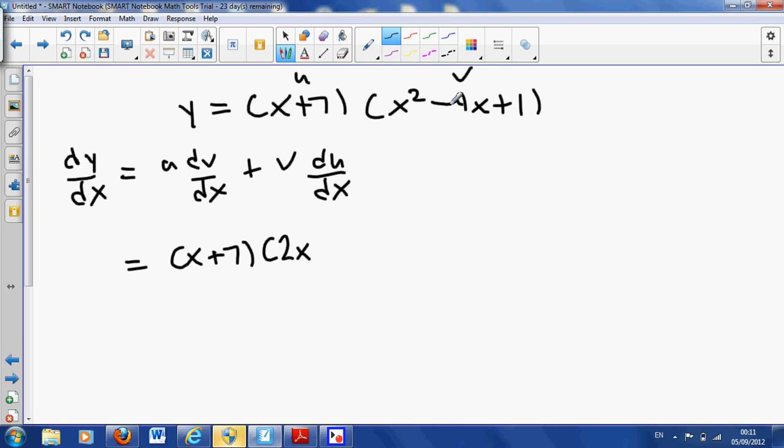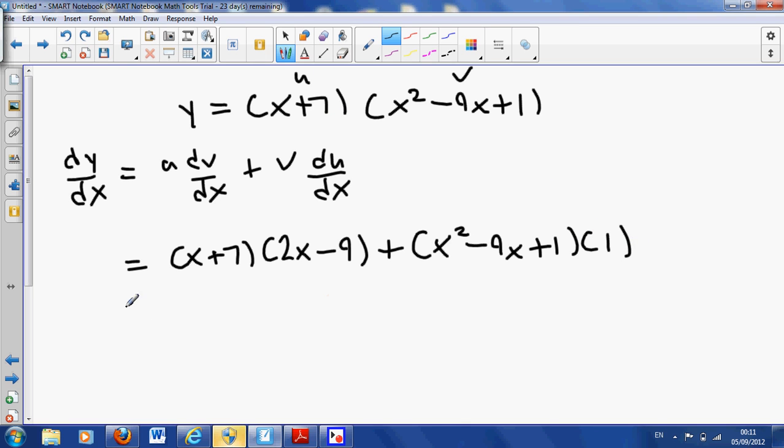The 9 becomes a minus 9. That leaves you there, okay? Then plus v, which is x squared minus 9x plus 1, times du/dx, which is going to be 1.